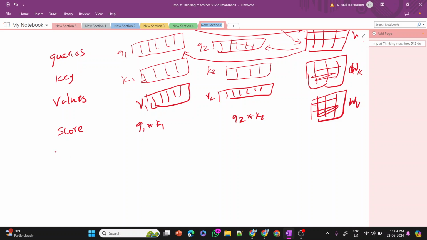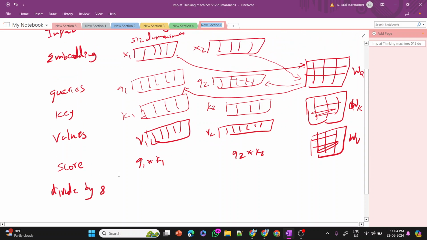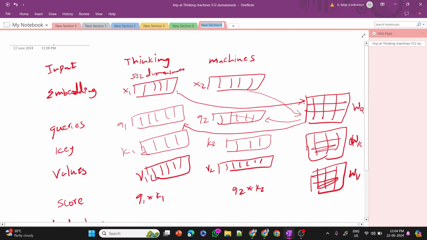After calculating the score, we will divide the score by 8. Why this way? Because this 512 dimension, after multiplying with this weight, the q1 dimension will be 64 dimension.